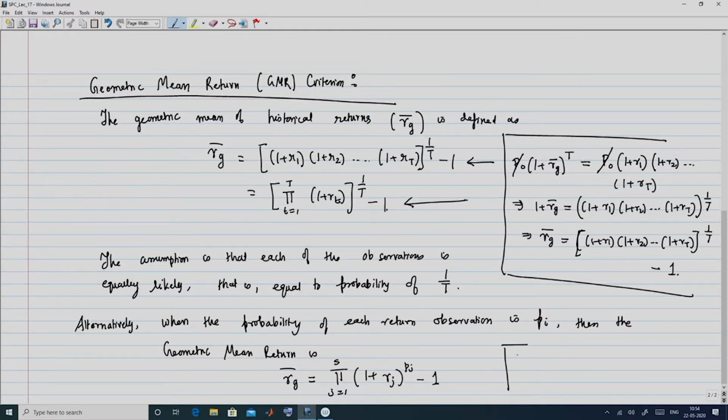So, here you observe that instead of T I have replaced it with S, and instead of small t I have replaced this with j. So, basically I am considering S number of periods just to distinguish it from the notation I have here. And here of course, my 1 by T is being replaced by my Pj, and your Rt is replaced by Rj.